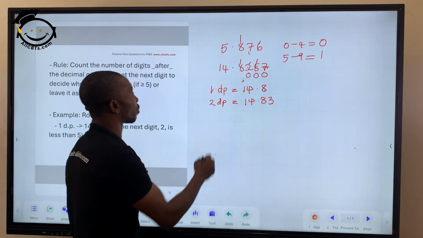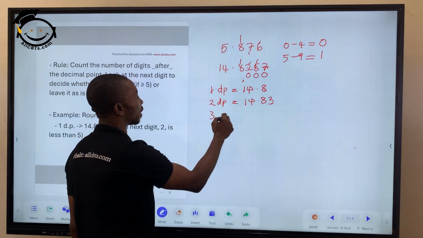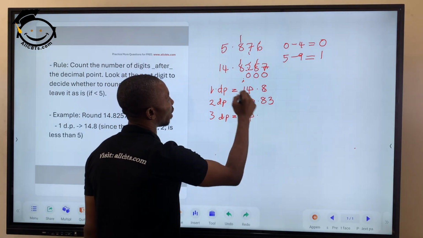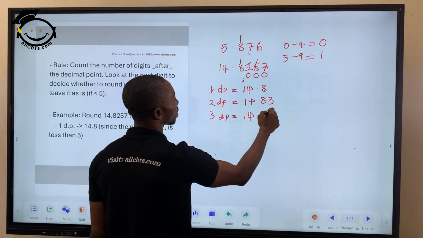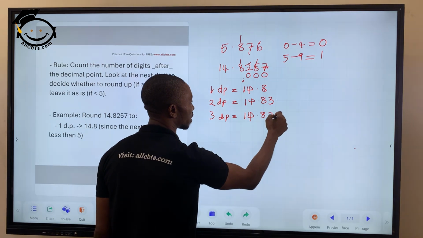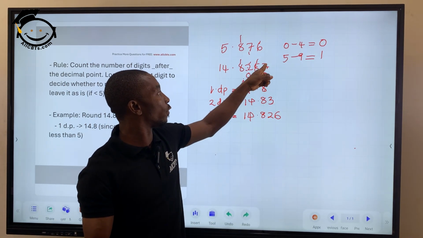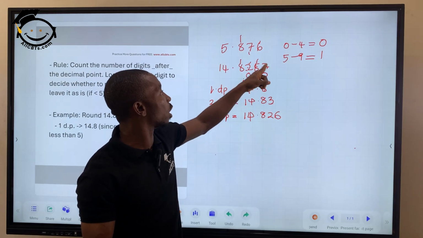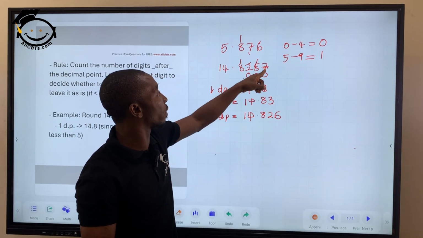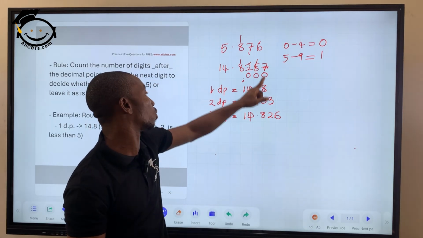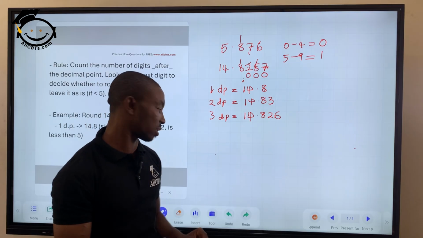Now, if we are asked to round up to 3 decimal places, this would be 114.826. Same reason, the fourth decimal place is up to 5. Alright, so we round it up to 1 and add to the next number. 5 plus 1 would give us 6.